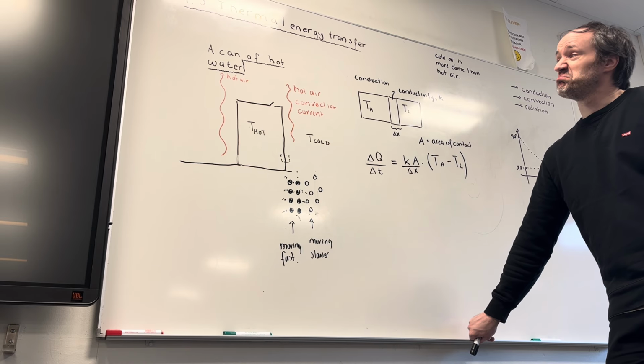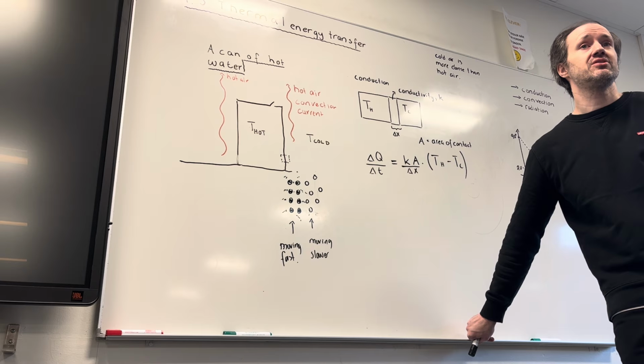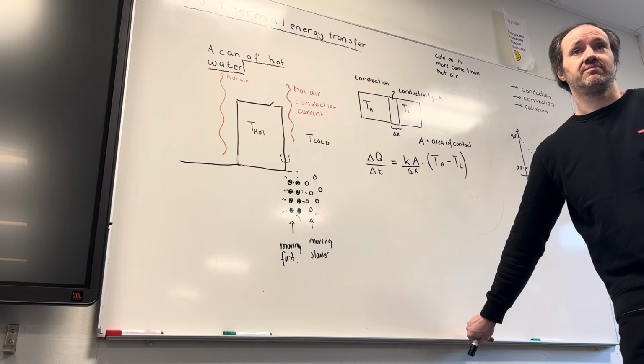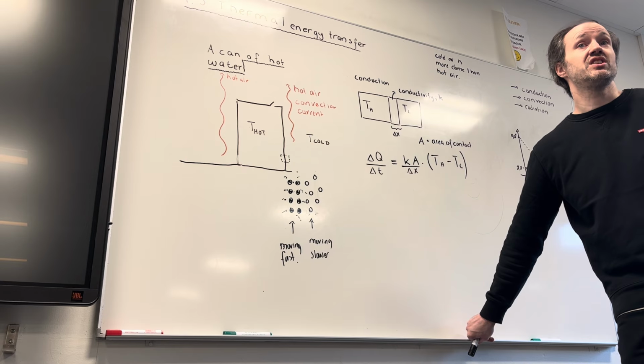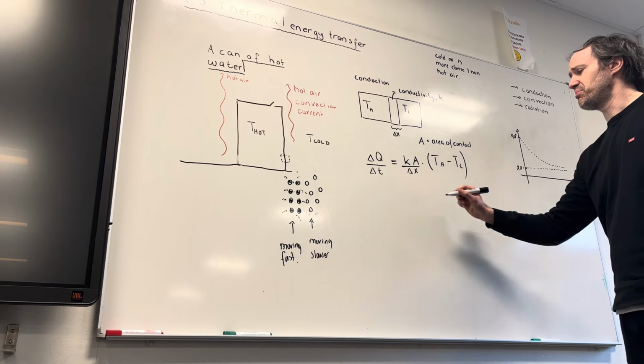But again, what do we need in order to have convection? Transfer of energy as well as particles. We need transfer of energy and we need particles. So let's say we don't have particles.